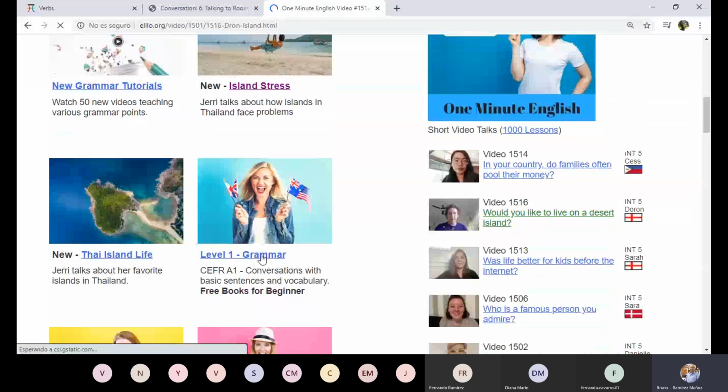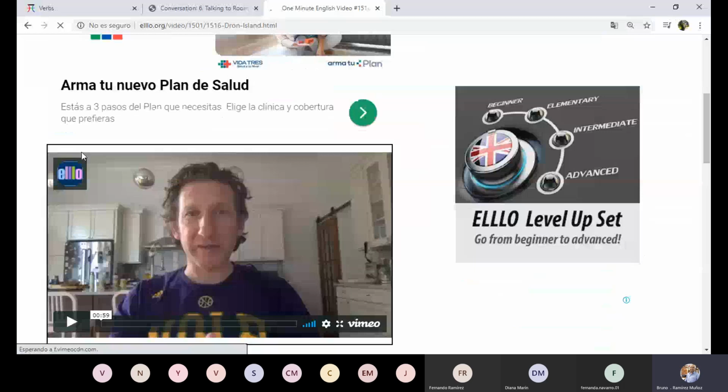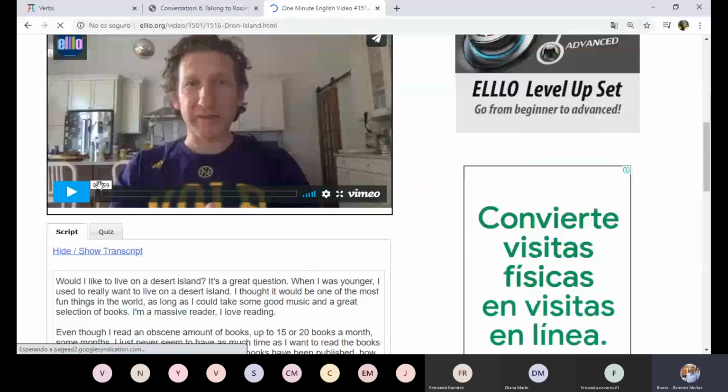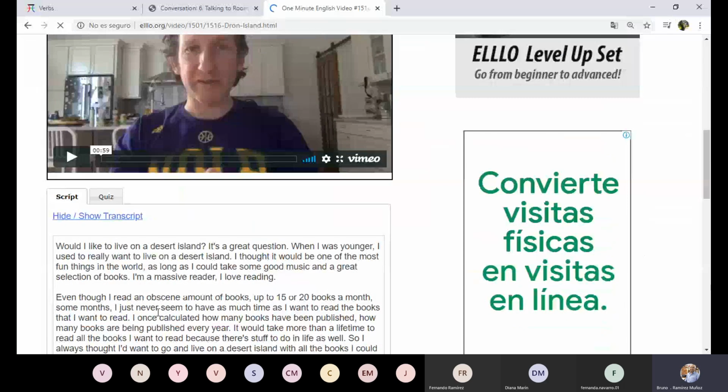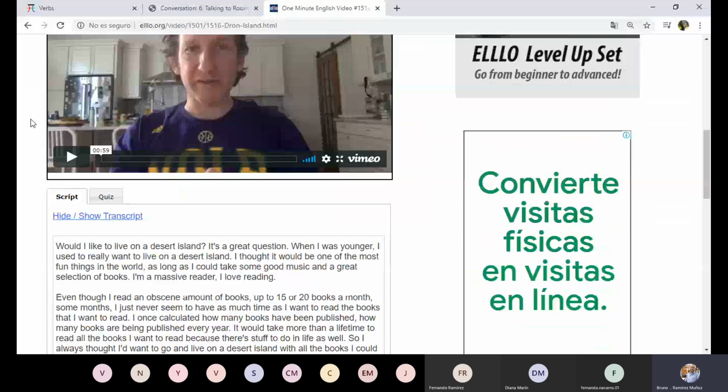And then you choose a dialect like the one I chose, and then you listen, and you read the script. So that's the idea, to listen while you are reading. So you are getting input, which is visual, and also listening input. So that's what I want you to do.